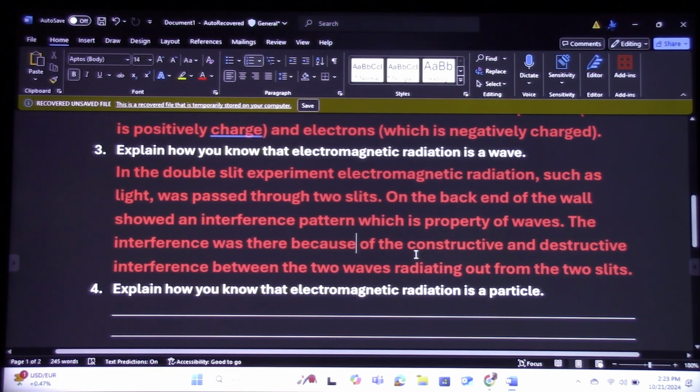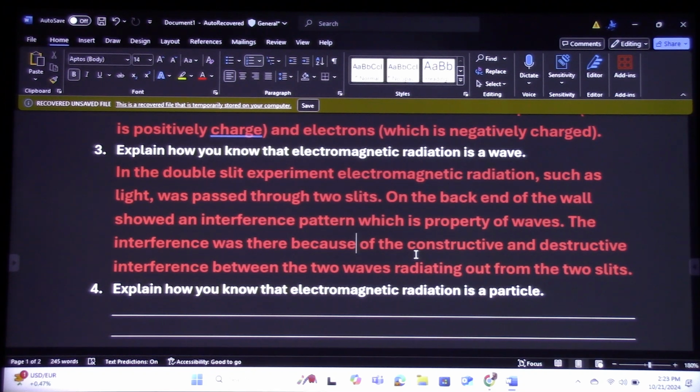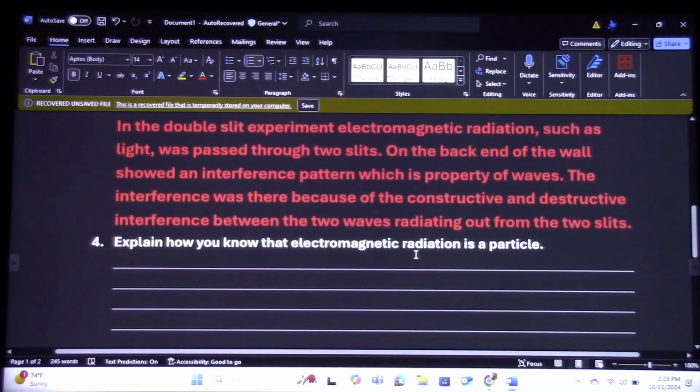So, explain how you know that electromagnetic radiation is a wave. In the double slit experiment, electromagnetic radiation such as light was passed through two slits, and on the back end of the wall it showed this interference pattern, which is a property of waves. The interference was there because of the constructive and destructive interference between the two waves radiating out from the two slits.